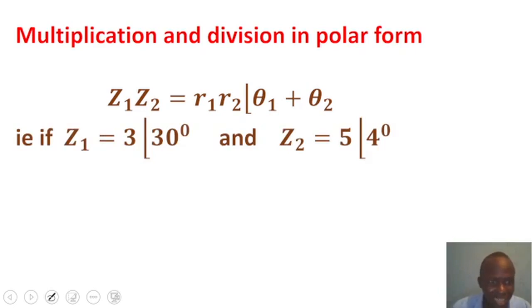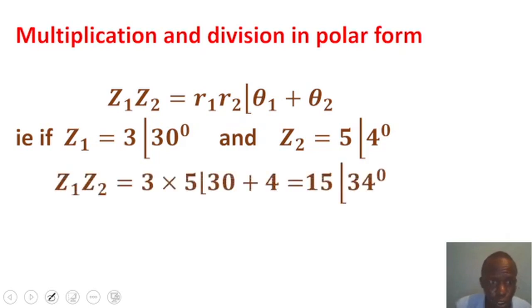Let us look at an example. If z1 has modulus 3 and argument 30, and z2 has modulus 5 and argument 4 degrees, you multiply the moduli and add the arguments, and here is the result.